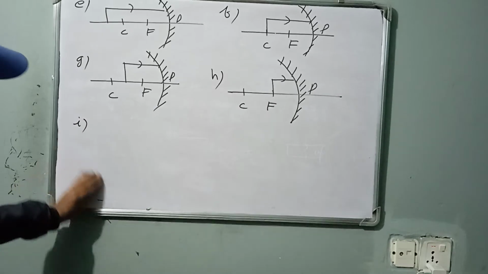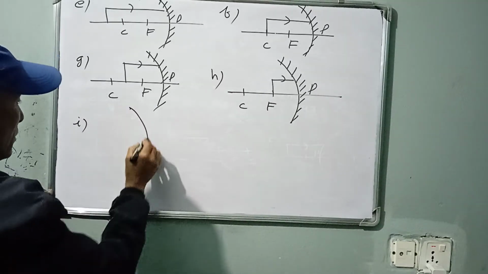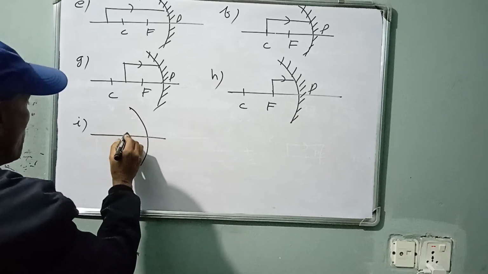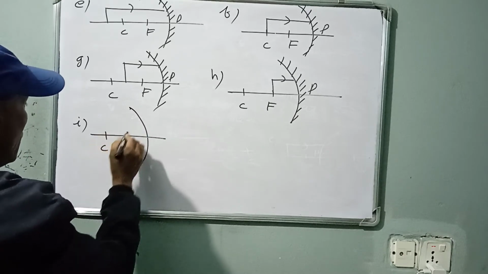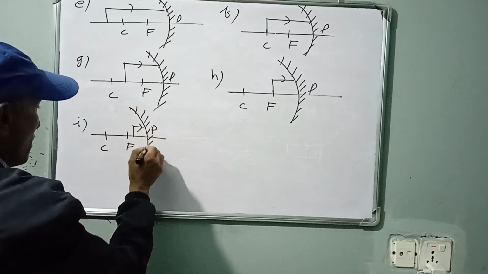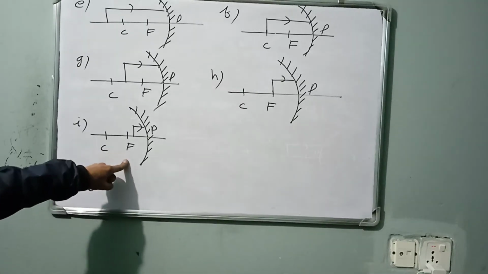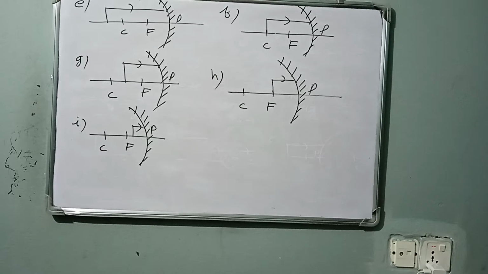I number is object between F and P of the concave mirror. See, you have to complete it and find out the ray diagrams. Find out, and you can write down position, nature, and size of the images formed.